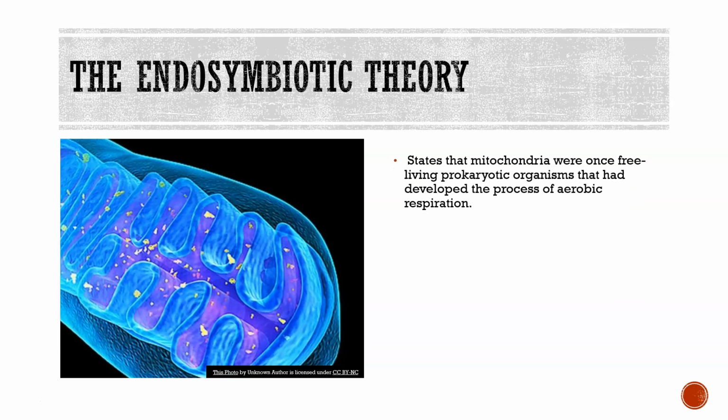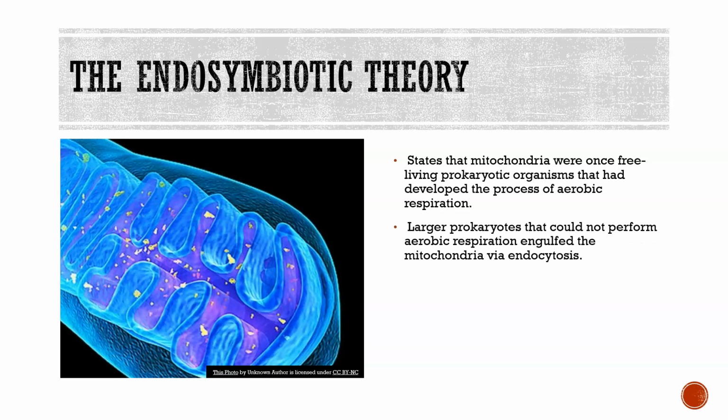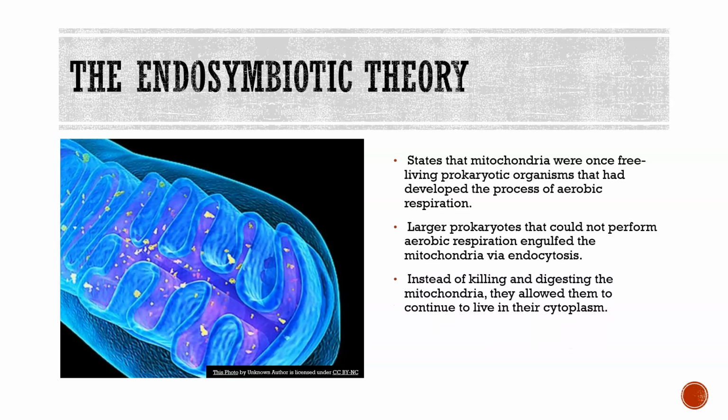So the endosymbiotic theory states that mitochondria were once free-living prokaryotic organisms that had developed the process of aerobic respiration. Larger prokaryotes that could not perform aerobic respiration then engulfed the mitochondria through endocytosis, and we looked at endocytosis in a previous video.